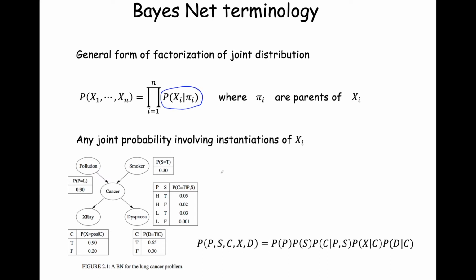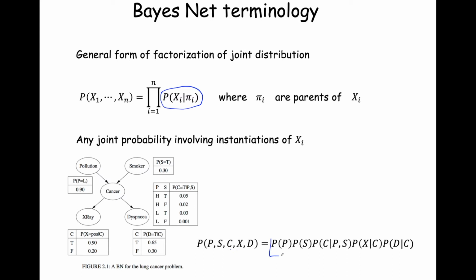And so if we were to take this lung cancer network that we carried from the previous example from the last module, we would say the probability of the joint vector, pollution, smoker, cancer, X-ray, dyspnoea is equal to the probability of pollution, it has no parents, times the probability of smoker, it has no parents, times the conditional probability of cancer given pollution and smoker, because of cancer's two parents, pollution and smoker, times the probability of X-ray given cancer, times the probability of dyspnoea given cancer, because dyspnoea has a single parent, namely cancer.